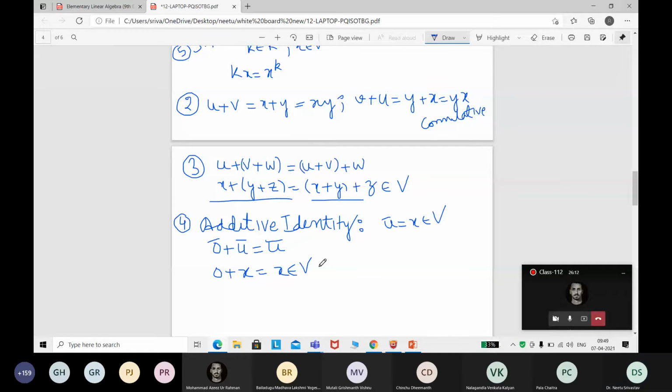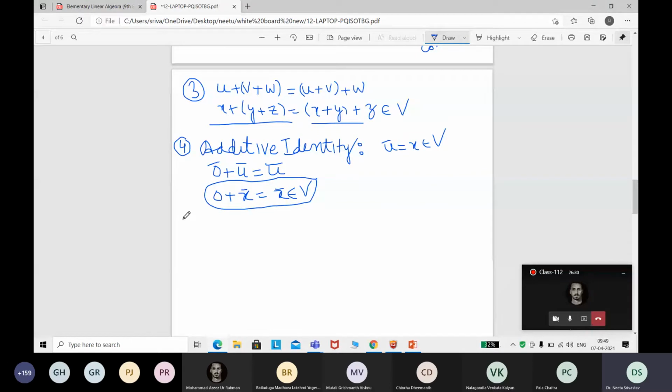So when you added 0 plus x, which is x, it belongs to v. So this is done. Now I can say 0 is the additive identity.